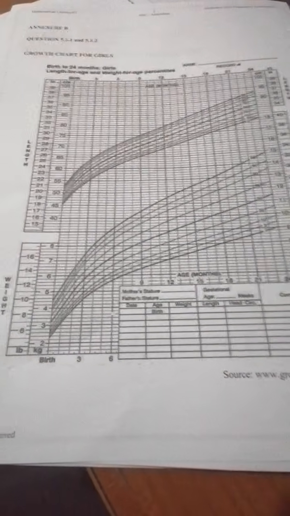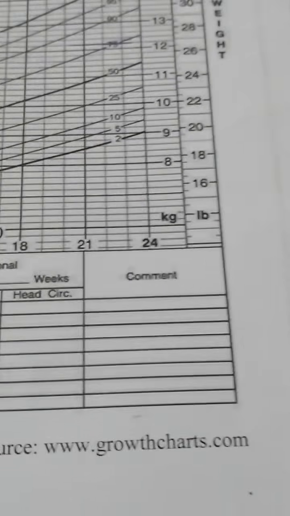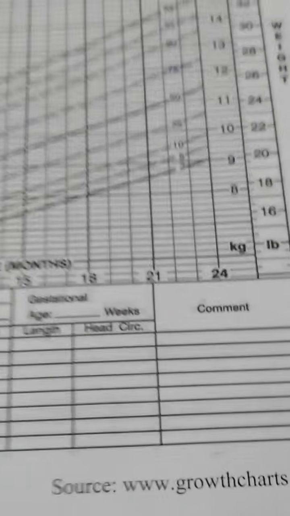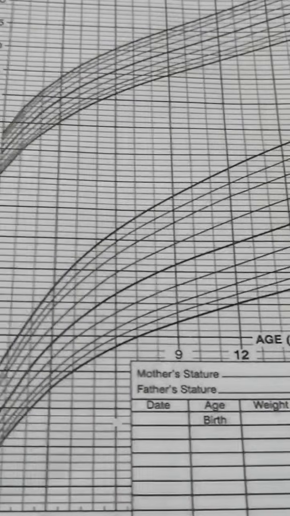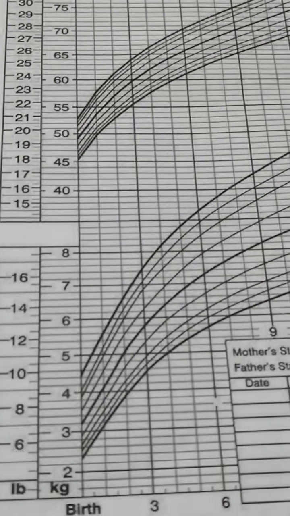So in other words, that is from birth until when the baby is 2 years old. That's 24 months.